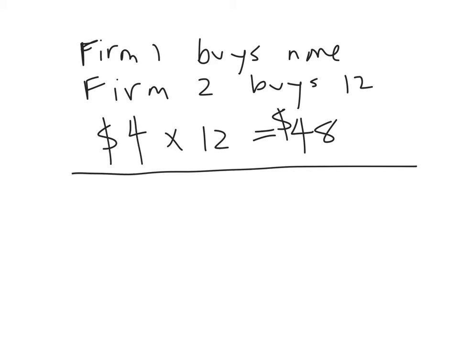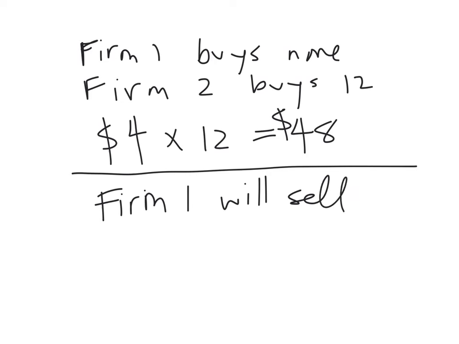We know where this is going to go. Firm 1 is going to sell 6 to firm 2. And we also know, and I'm going to show you why we know it, that's sort of above and beyond. That's the A plus separator.